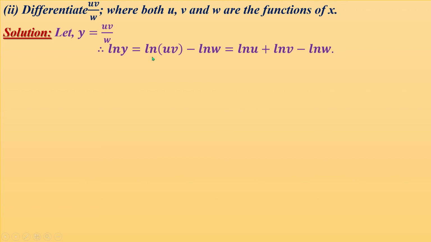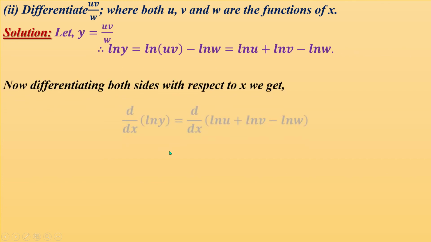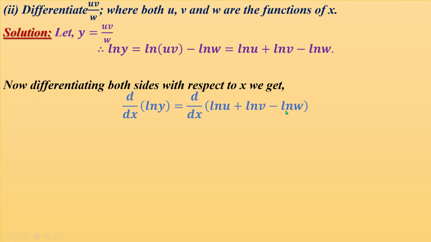Therefore ln y, taking ln on both sides: ln u v minus ln w, but ln u v means ln u plus ln v minus ln w. Now differentiating this with respect to x, we'll get this. Clear?